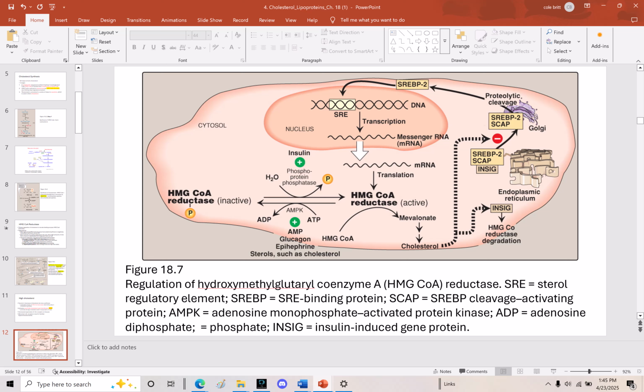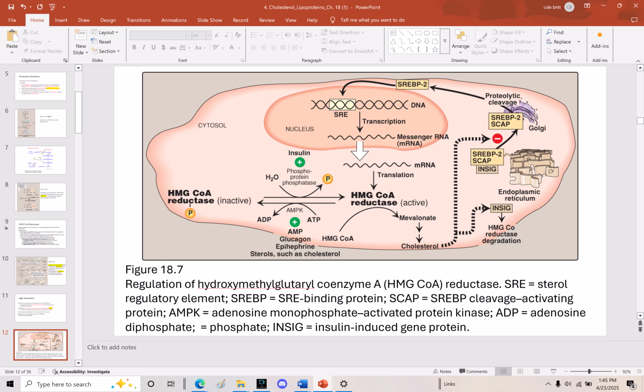In this other pathway, cholesterol will increase the ubiquitination, essentially tagging HMG-CoA reductase for degradation. So that's how cholesterol will feed back and turn off its own synthesis. It'll help degrade HMG-CoA reductase faster, and it'll turn off the synthesis of HMG-CoA reductase.